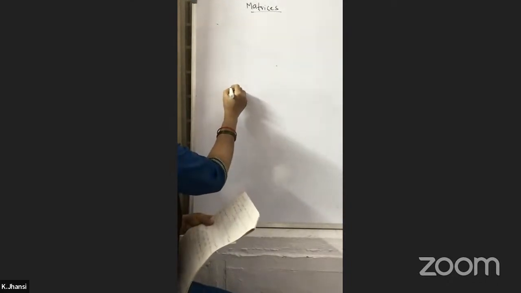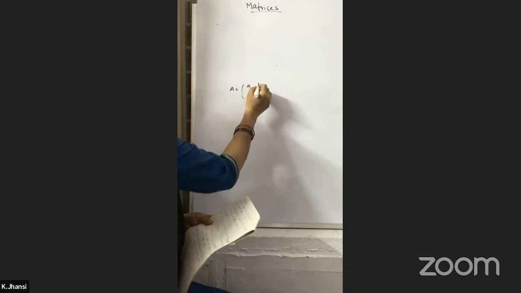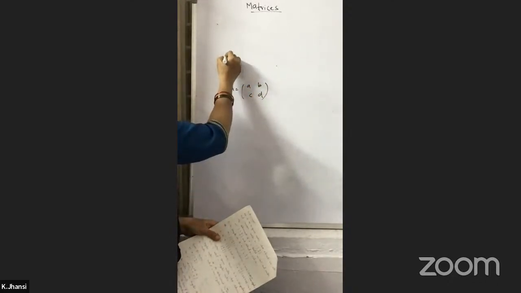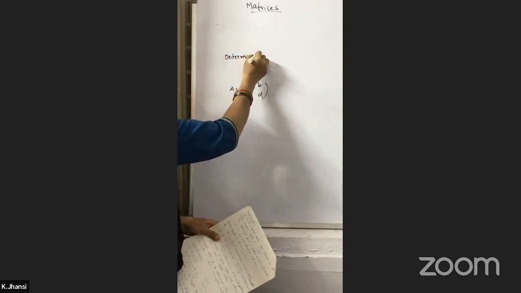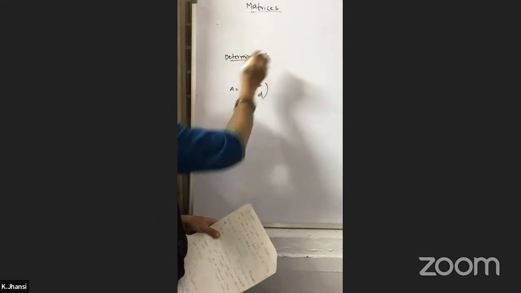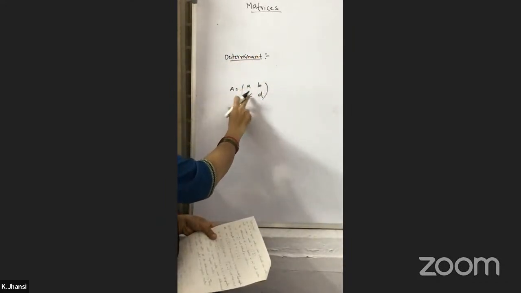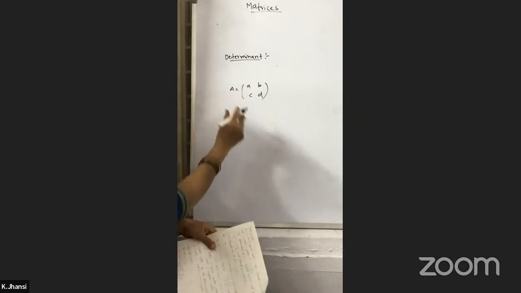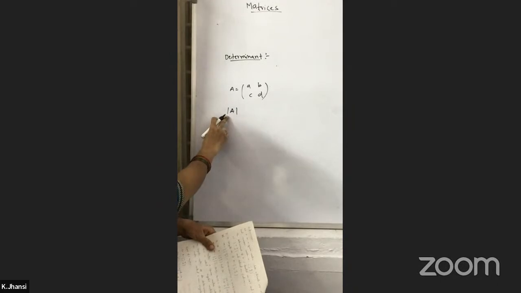Determinant of a matrix will be denoted like this. If any matrix A is there, I am taking only 2 by 2 first. So if A is [a, b; c, d], any matrix, to find the determinant we'll write this modulus like this.